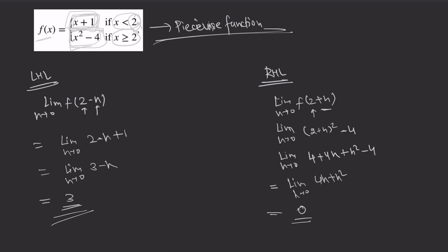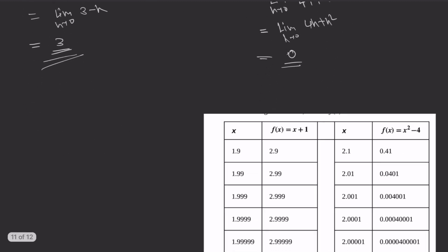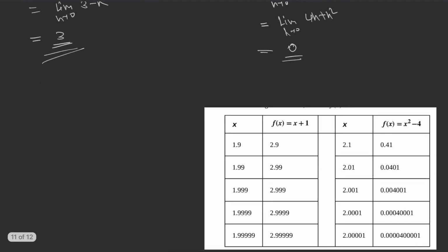Now we'll do it in a different method, which I talked about at the end of the last lecture. So what was that method? If I go from the left hand side to 2, I will start from 1.9, then 1.99, then 1.9999.